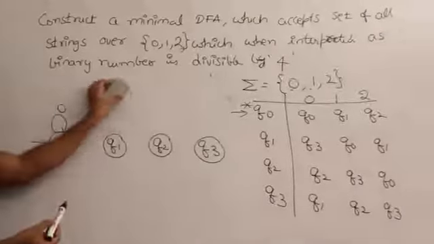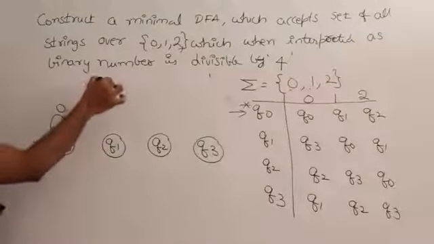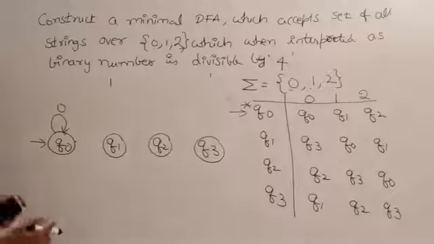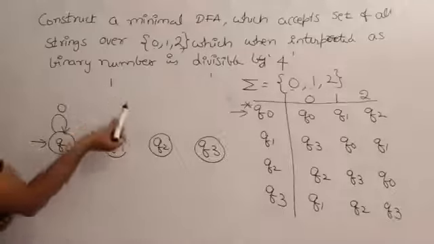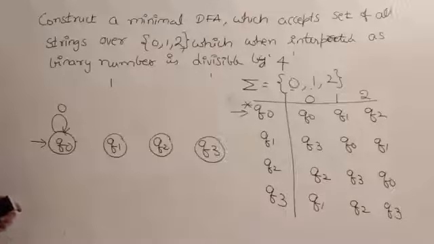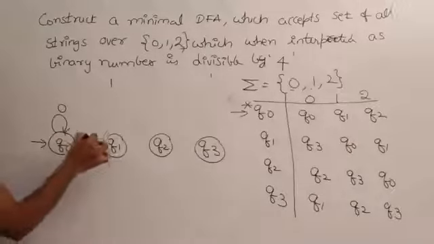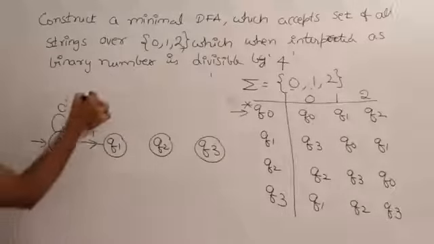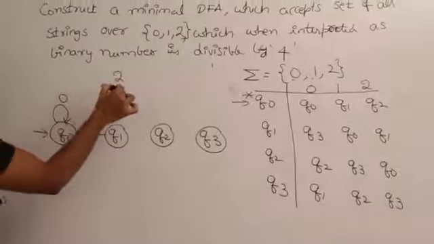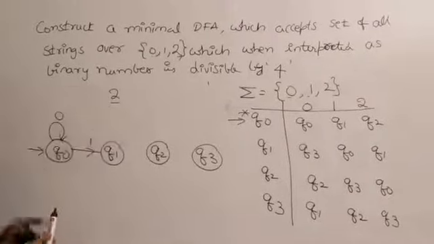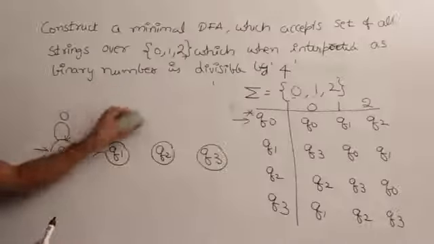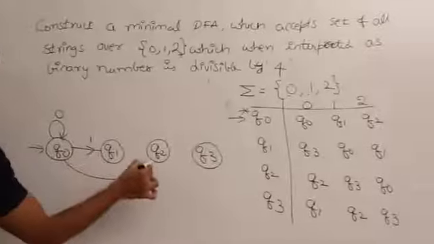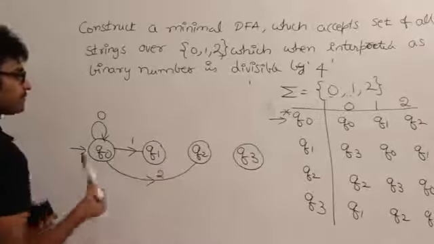Now, if I am in Q0 and I see 1, the number is 1, and if I divide by 4, the remainder is 1. Therefore, 1 is going to produce a remainder of 1 itself. Now, if I am in Q0 and I see 2, the number is 2, and if I divide by 4, the remainder is 2. Therefore on 2 I'll be going here.